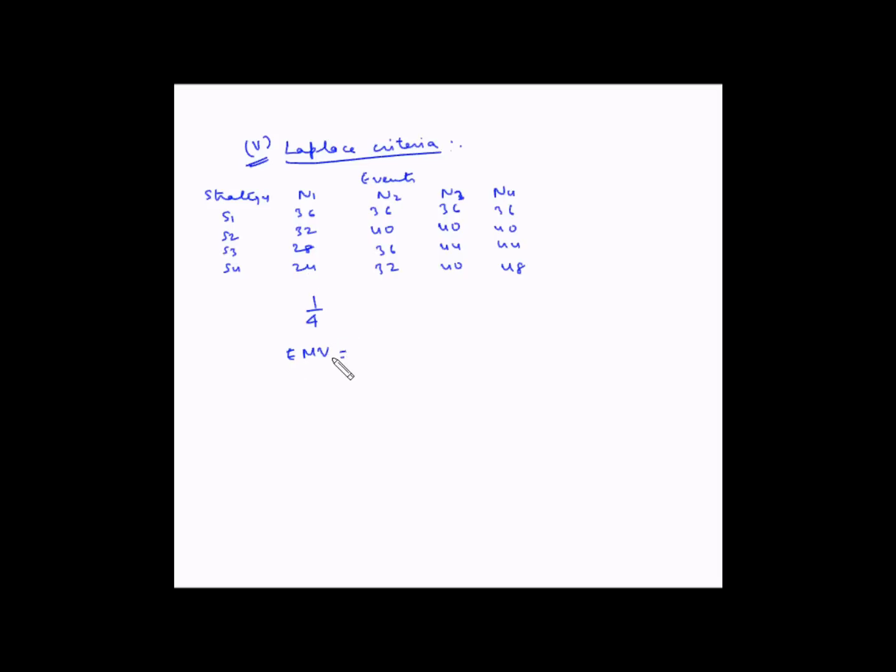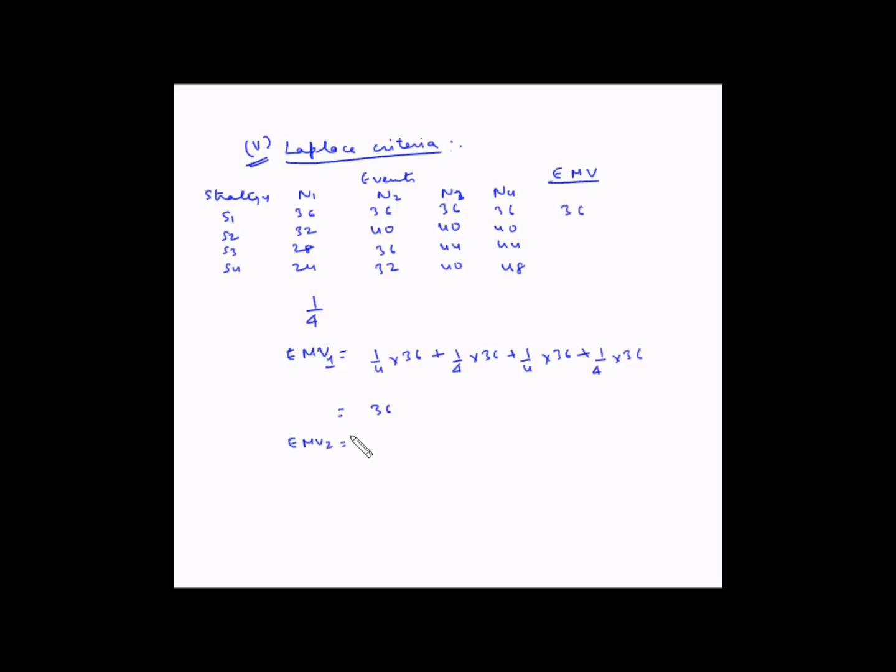So for S1, the EMV will be 1 by 4 multiplied by 36 plus 1 by 4 multiplied by 36 plus 1 by 4 multiplied by 36 plus 1 by 4 multiplied by 36. This is equal to 36. So let's put the value of EMV in the matrix. So for S1, the EMV is 36.